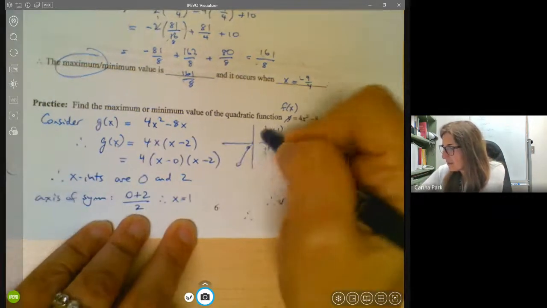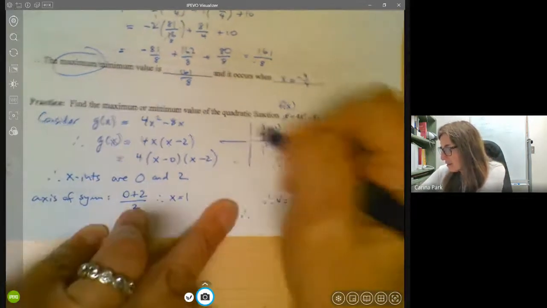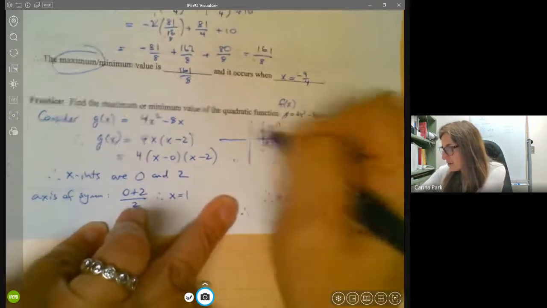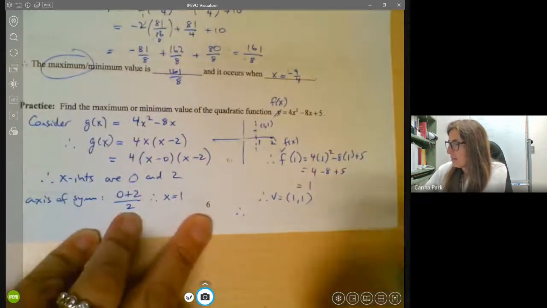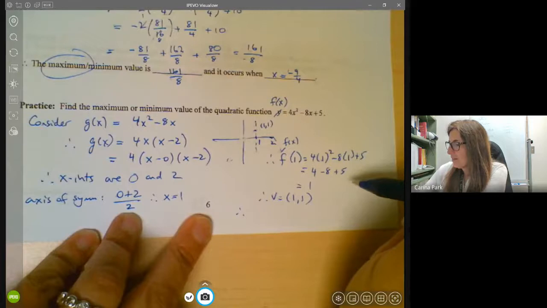We can find it. This happens all the time, so it's okay. So let's find it. You probably found it already, and I haven't found it. 4 minus 8 is negative 4 plus 5 is 1.